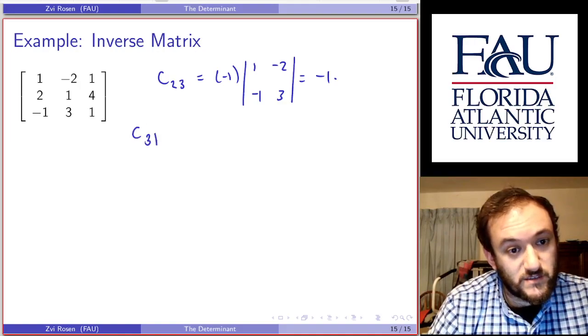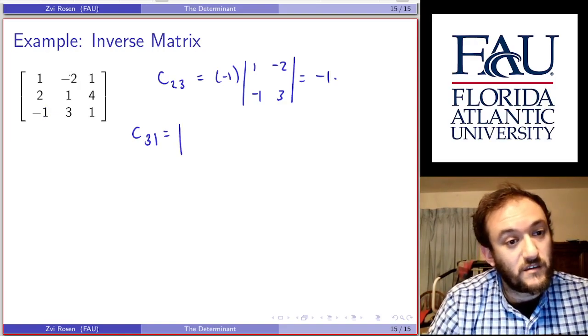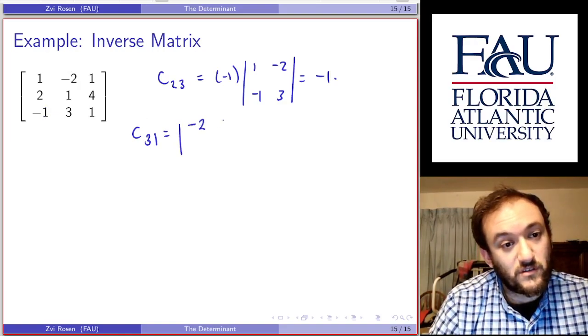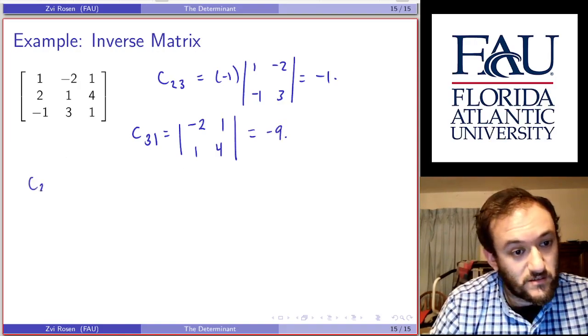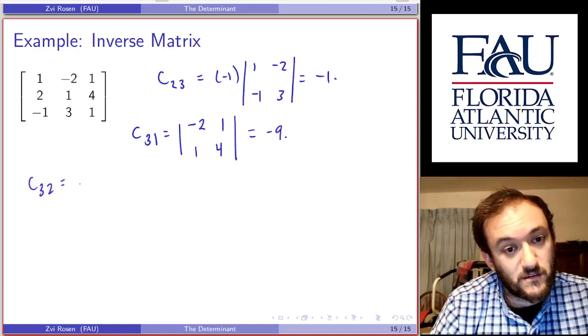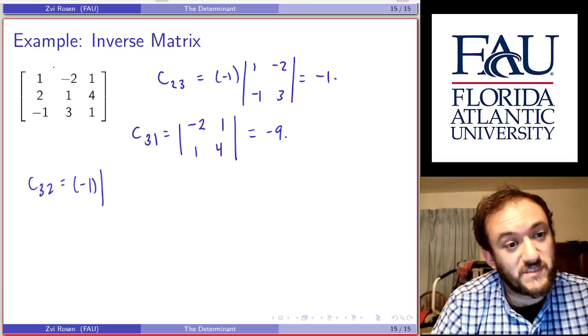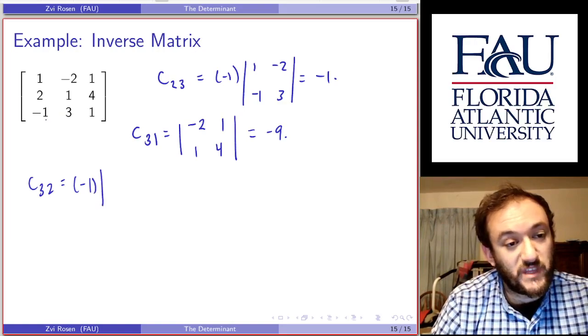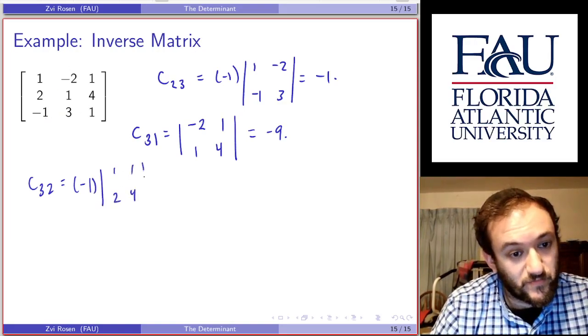Okay, then we have C31, which is no factor of -1. We get -2, 1, 1, 4, which is -8 minus 1, which is -9. C32 is -1 times, okay, we're omitting third row, second column, so it's 1, 2, 1, 1, 2, 4.